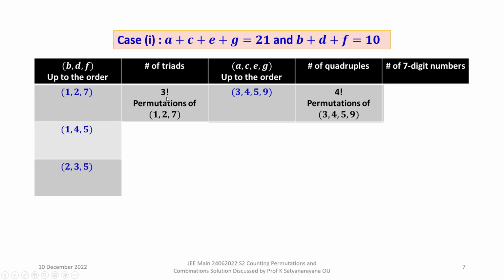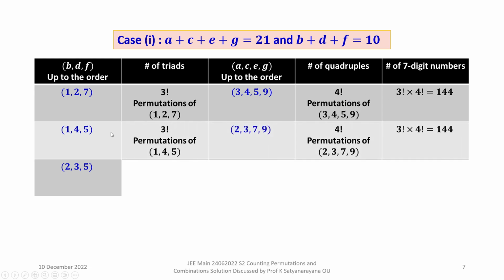So for each triad, you will get 4 factorial permutations of ACEG. And for 3 factorial triads, you will get 3 factorial multiplied by 4 factorial 7-digit numbers using the fundamental principle of counting, that is the product rule of counting. So 3 factorial multiplied by 4 factorial is 144.